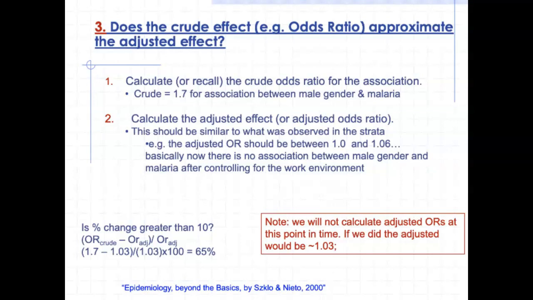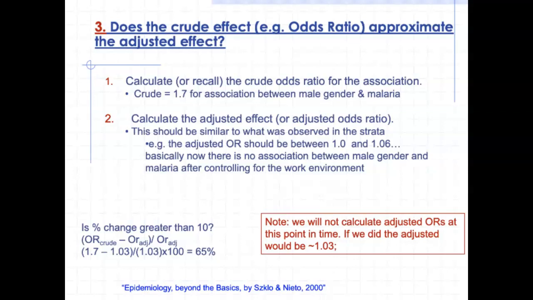That adjusted measure is essentially our measure after we control for that working outside variable. To determine whether working outside is actually confounding the relationship between gender and malaria status, we have to see if there is at least a 10% change between that crude measure, 1.7, and our adjusted measure, 1.03.